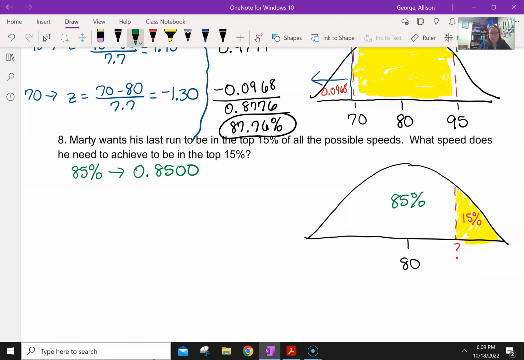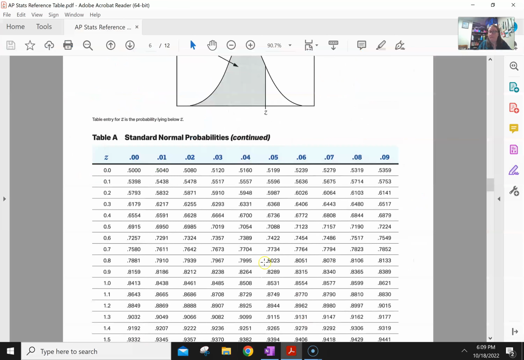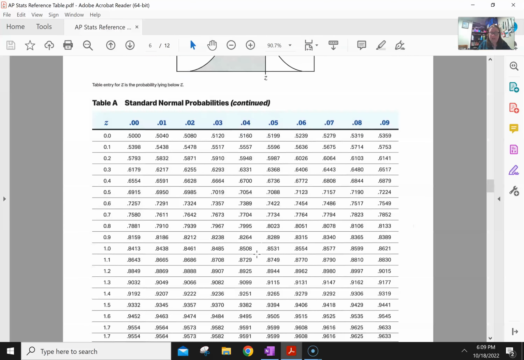So what we're going to do is look in the center of table A for as close as we can get to that value. It won't be perfect, but you just want to get as close as you can. You're going to be looking on the positive z-score side. As I go through my table, right here seems to be the closest I can get to 0.8500.